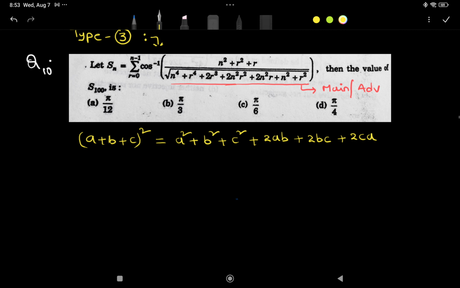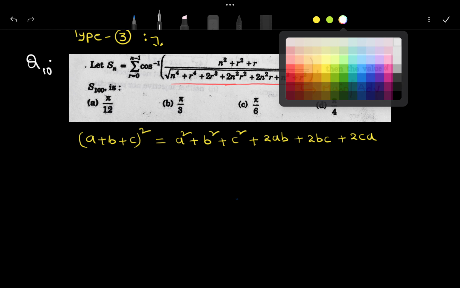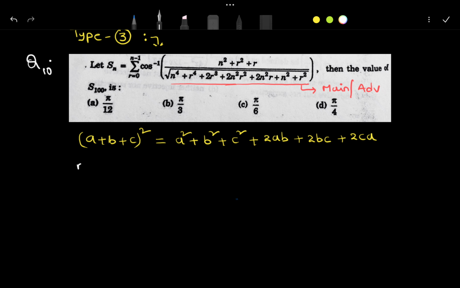Now you see in the numerator, n² + r² + r is given in the expression. Find out that whole square.